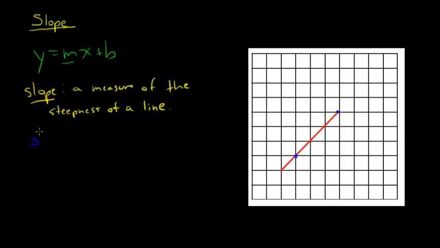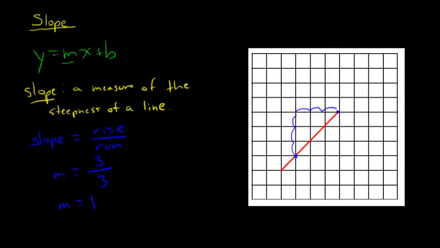Well, slope is also known as rise over run. So the question is, how much does this line rise? Well, from this point to that point, it goes up 1, 2, 3. So the rise is 3, and it runs 1, 2, 3. So 3 over 3 is 1, so the slope, which is also known as m, is 1.